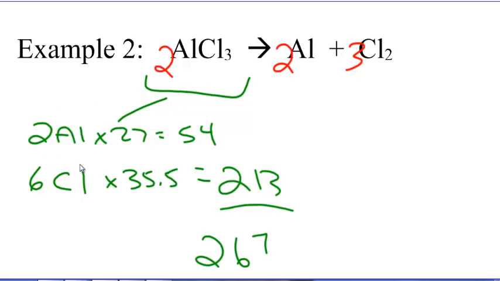Just like when you're counting to balance your equation, I went ahead and counted 2 aluminums, 6 chlorines. 2 aluminums times 27 is 54. 6 chlorines times 35.5 is 213. I add these together and I get 267. That is the mass of 2 formula units of aluminum chloride.